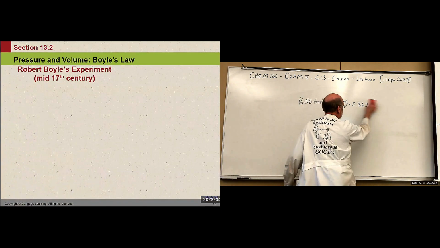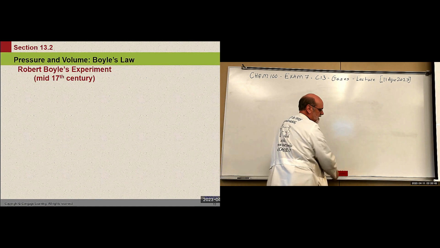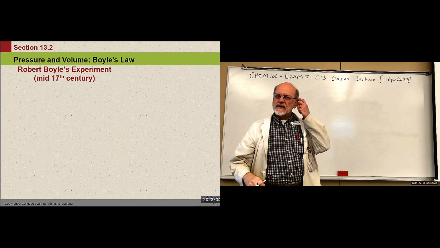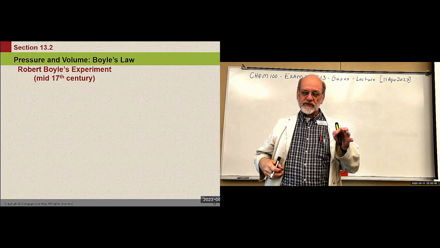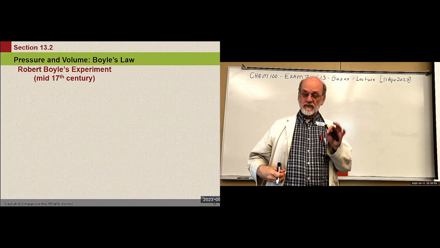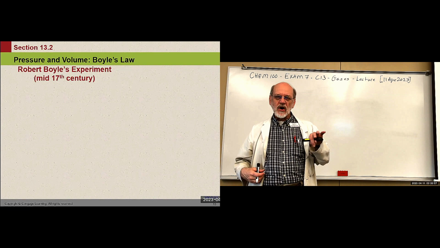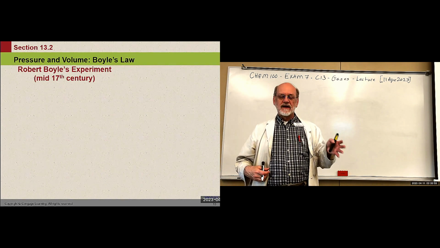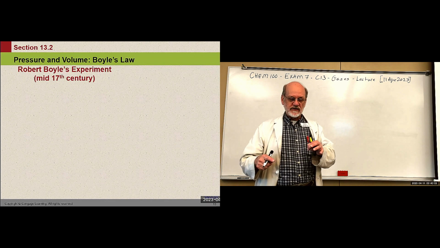So, the next thing we want to do is introduce the earliest laws concerning gas behavior. Remember from our earlier discussion in the semester the difference between a law and a theory. A law just says, this is what happens under these conditions.